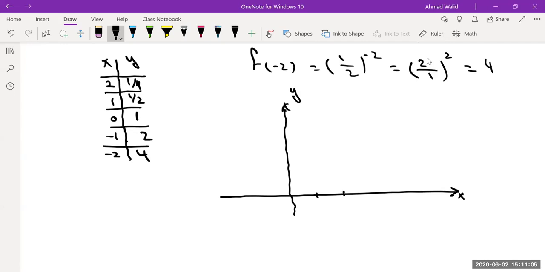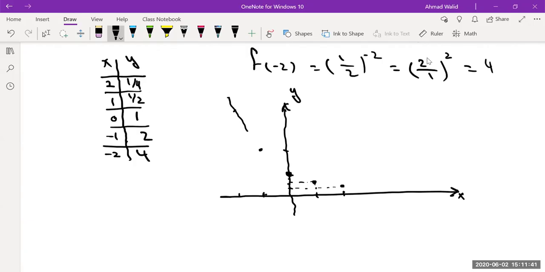Something very close: if I divide 1 unit into 4 equal pieces, something like a point here. When x is 1, y is 1/2. When x is 0, y is 1. When x is -1, y is 2. And when x is -2, y is 4.